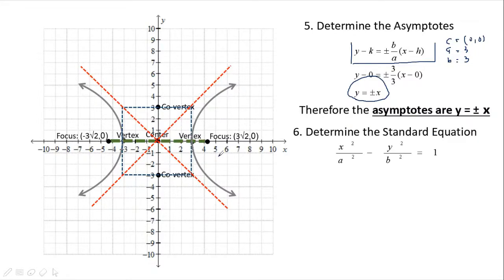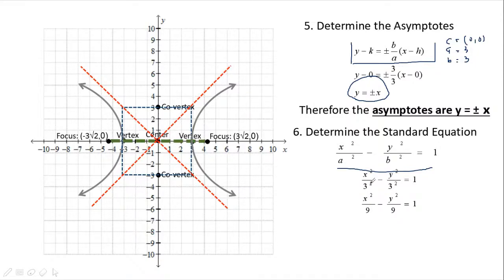So let's have the standard equation. Since our transverse axis is horizontal, we will use this one. As you can see, our center is (0, 0). So we will use x squared over a squared minus y squared over b squared equals 1. We will just substitute again the values of a and b.